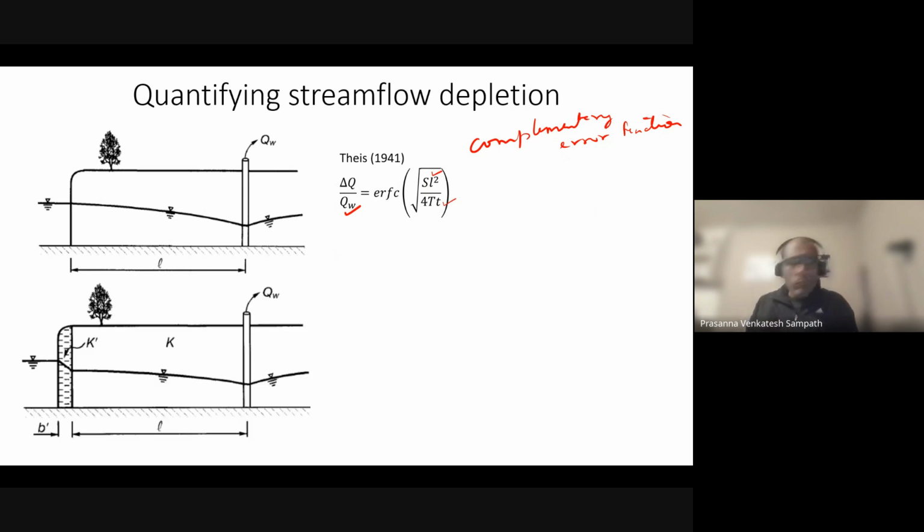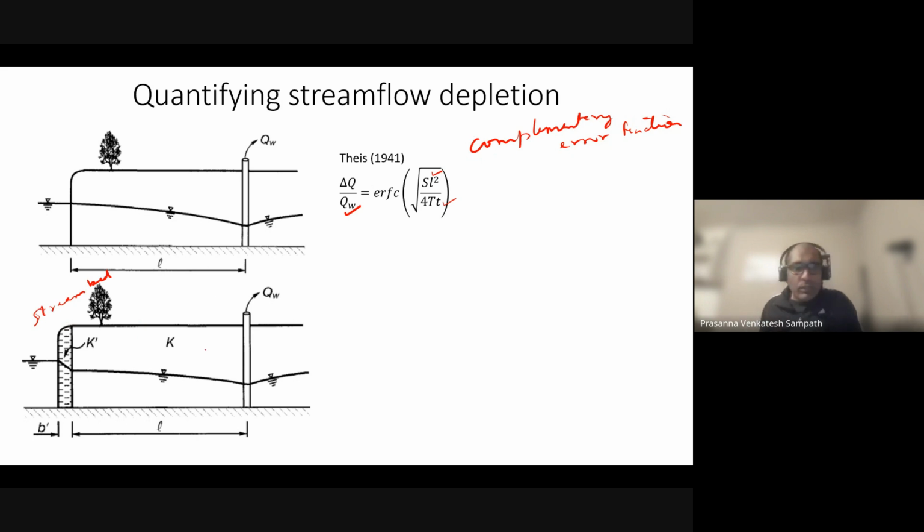Now suppose I have a more complicated situation where the stream has a stream bed. What is shown here adjacent to the stream is called the stream bed, and that stream bed has some soil of slightly different properties, with its own hydraulic conductivity K prime and its own thickness B prime.